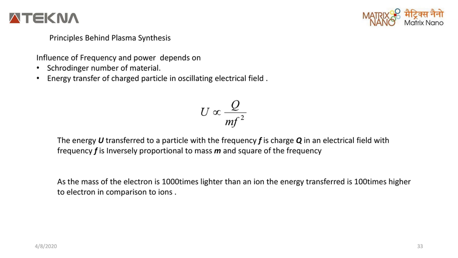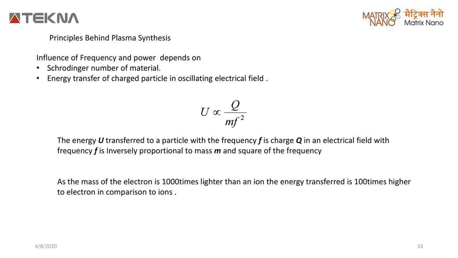There are two things. One is the calorific value of the material by itself, the calorific value of the gas, and the energy transfer between the charged particles in the oscillating field between the induction coils. There's a simple formula which we use: the energy U transferred to a particle with charge Q in the electric field with a frequency F is inversely proportional to the mass and the square of the frequency.